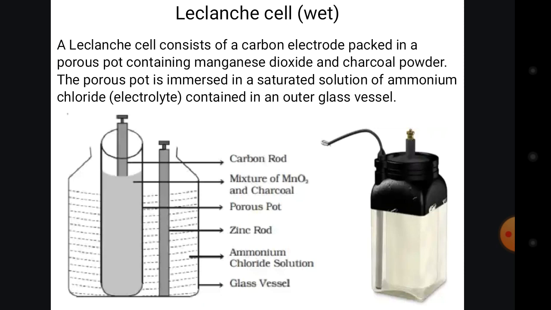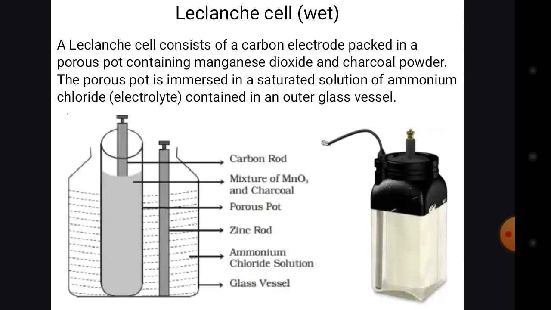That is where we put the electrolyte inside the container, or the outer glass vessel. And if you look at it here, this is the labeling of the wet cell, or the Leclanché cell.